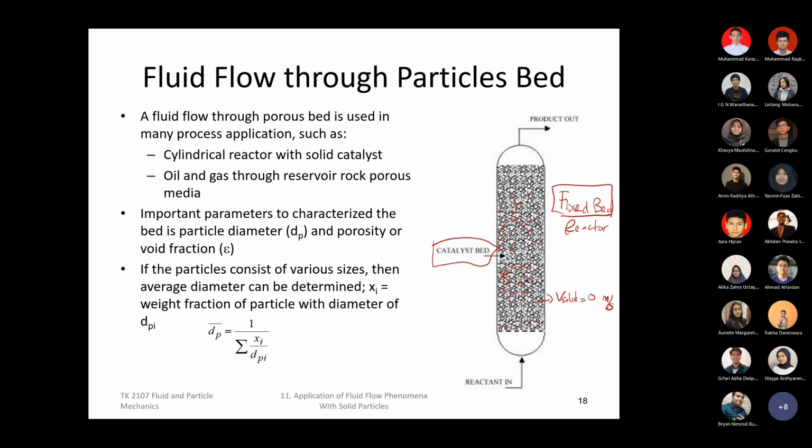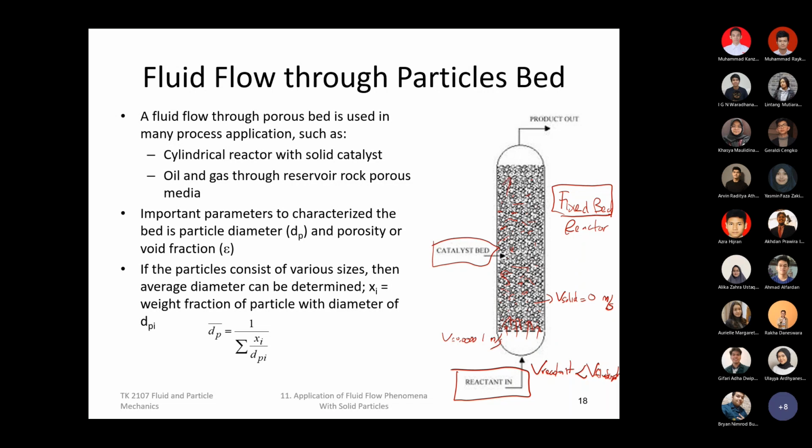The consequence of that, you have to make sure the velocity of your reactant is below the fluidization velocity. You can imagine, let's say we start from a very small velocity, let's say 0.00001 meter per second.